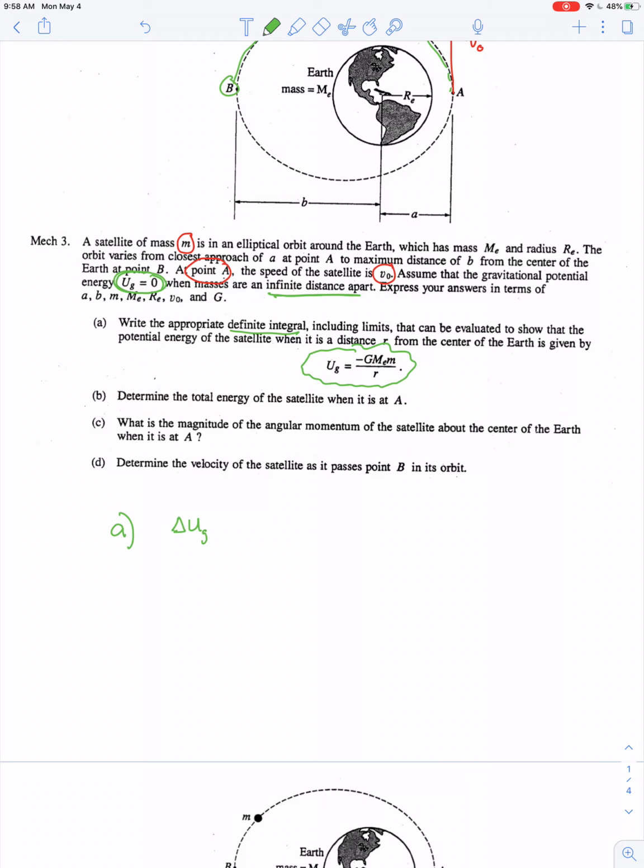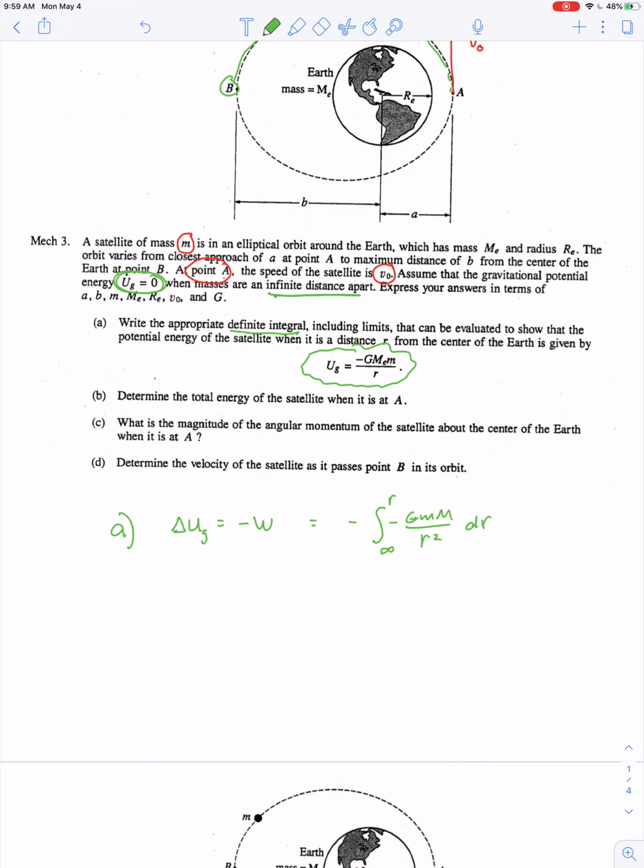Change in gravitational potential energy is equal to negative work done by a conservative force. So this is equal to negative the integral of negative GMm over r squared dr, and from the limits of infinitely far away to whatever position the satellite happens to be at.